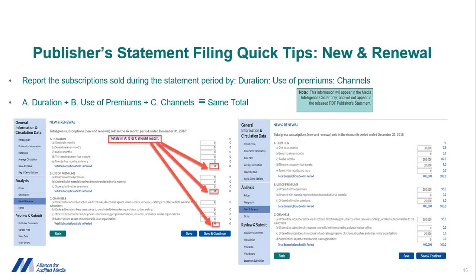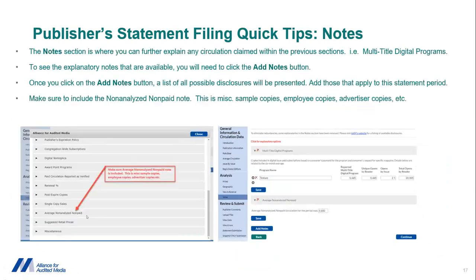It's just asked in different ways. So these are your new subscriptions, your renewals that you received during the statement period. And it wants to know by duration, if you used a premium, and the source. How did you obtain these subscriptions? Again, this information will not be on your PDF document. Instead, it will be housed in AAM's Media Intelligence Center.